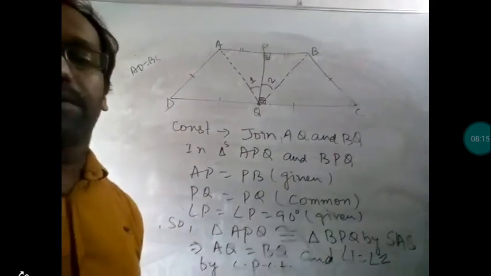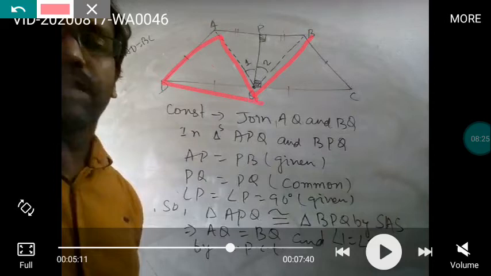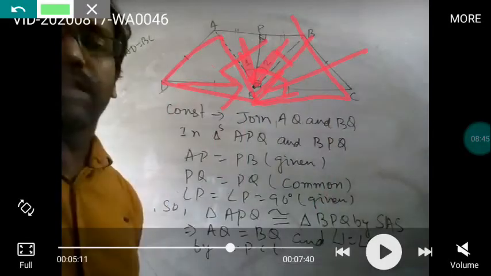So now our focus will go to these two triangles. Why? Because now see, these two sides I have found equal in these two triangles. This is already 90 degrees, and in this 90, if I subtract this part and this part, these two angles are also equal.